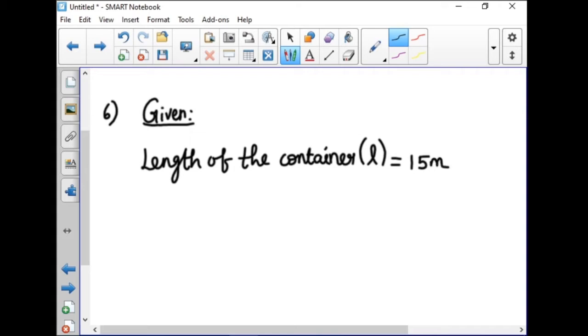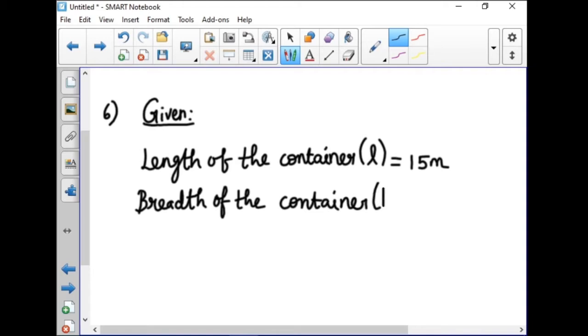Then breadth of the container, breadth means B. Breadth of the container is equal to 8 meter.